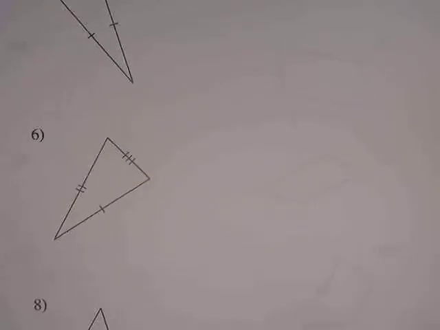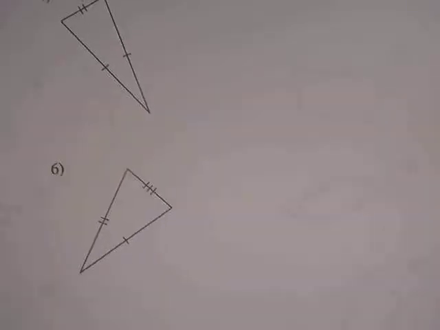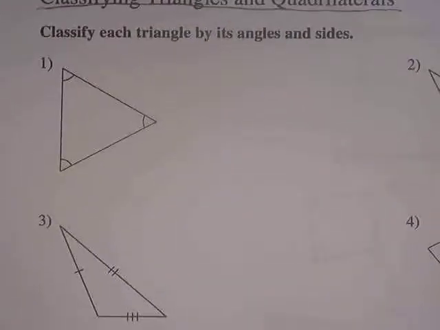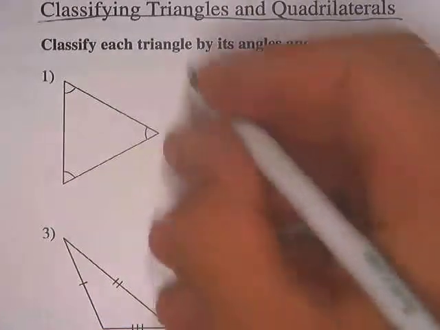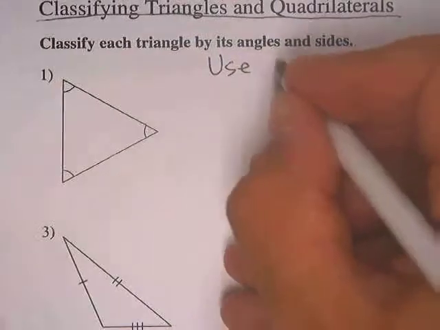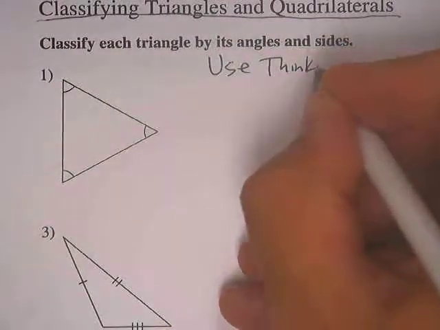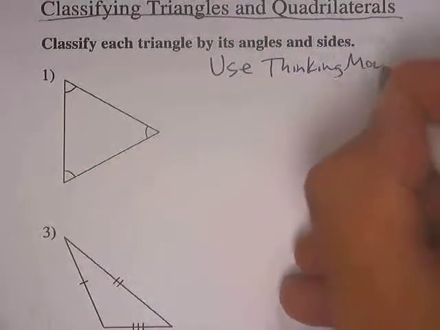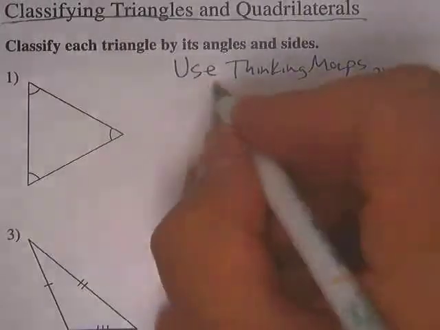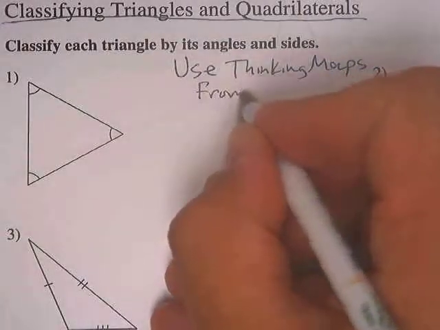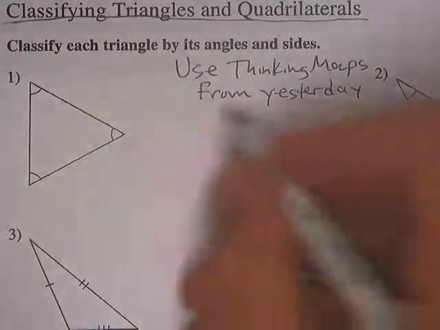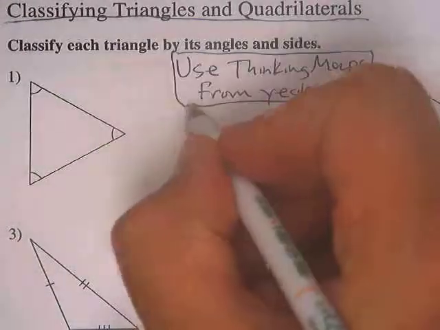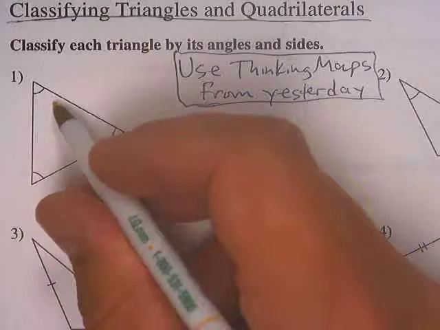Okay, those are the ones from this sheet I want to do. Classifying triangles and quadrilaterals. Let's look at this one. First of all, please use your thinking maps from yesterday.